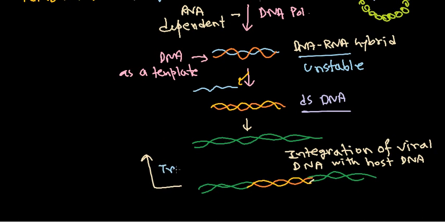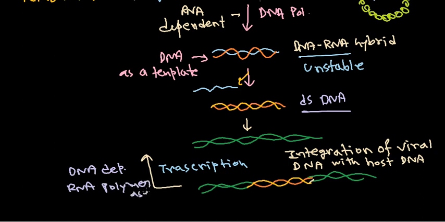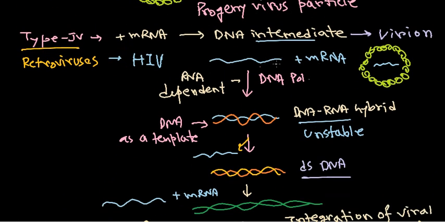Remember, in this case they will be using DNA dependent RNA polymerase for the transcription. You all know that. So they are using this RNA polymerase, and what they produce is this positive stranded mRNA. And this positive mRNA was the actual genetic component of our retrovirus.